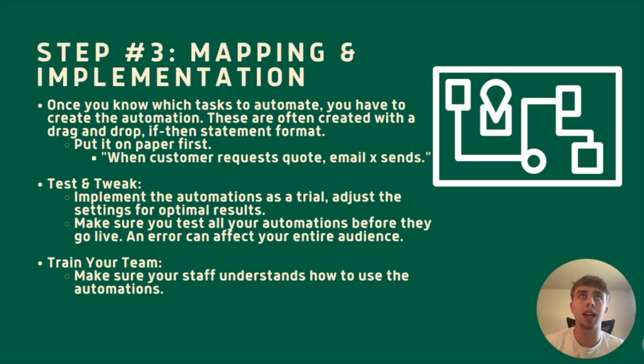If you're familiar with any programming at all, it's essentially a lot of if-then statements, which really just means if X happens, Y happens, or if X doesn't happen, Z happens. It's universal how automations work. It's a lot of if-then statements, but you're going to have to get used to your specific software when figuring out how to set up your backend automations. I'll show you today how I do it in mine.